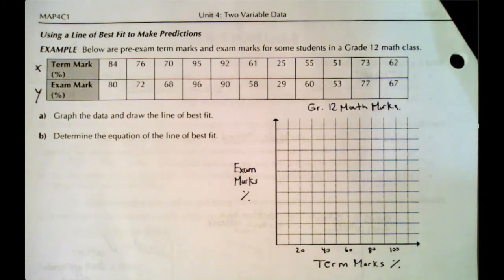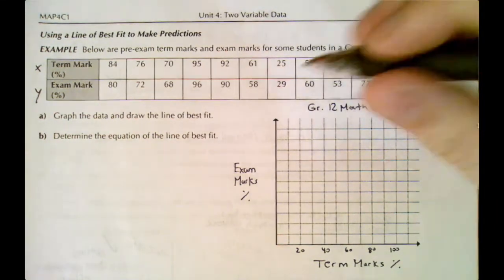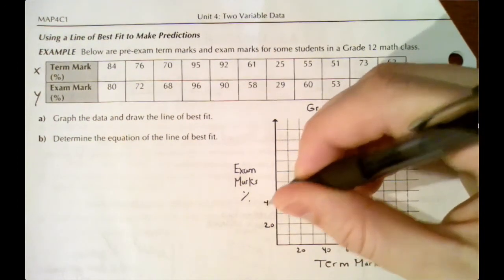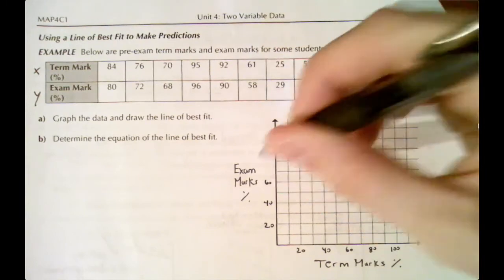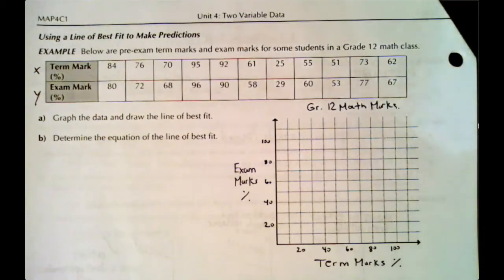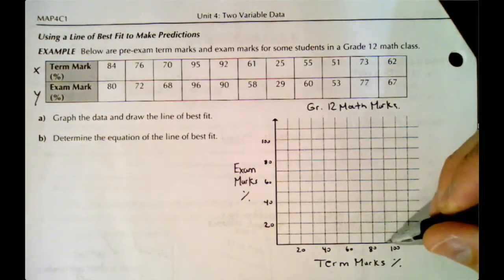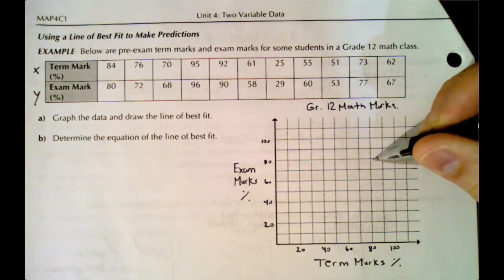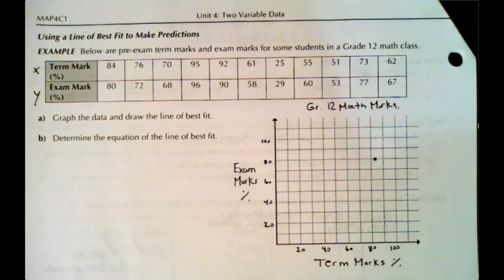I'm not going to write down every 10. I'll just go up by 20s and skip a line. 20, 40, 60, 80, 100. There we go. All right, term mark 84, exam mark 80. 85 would be in the middle, so just before that, and there we go.